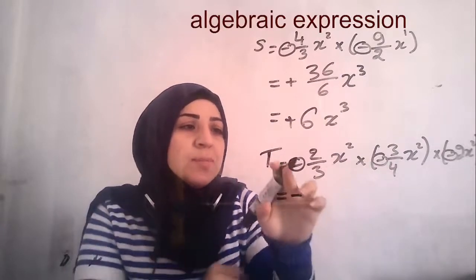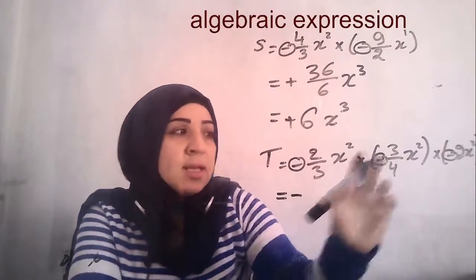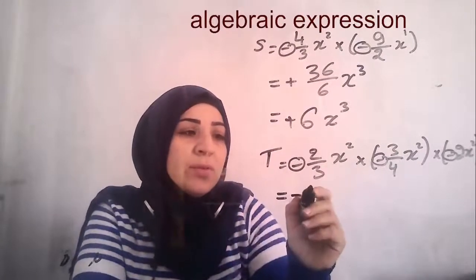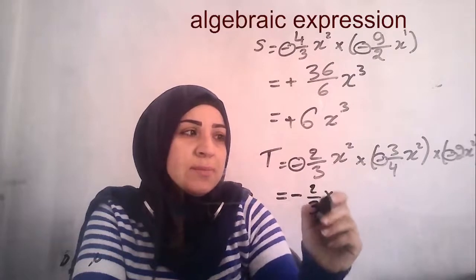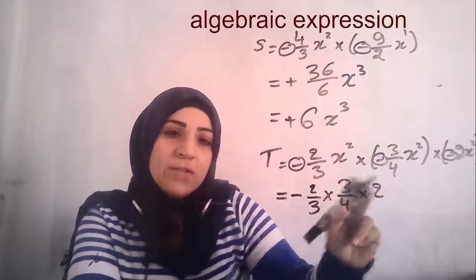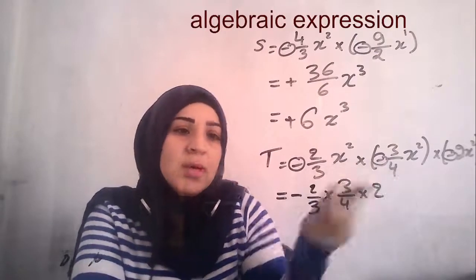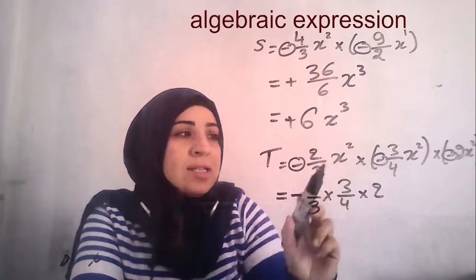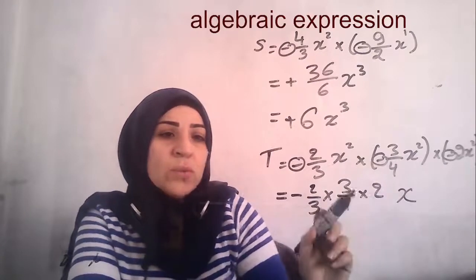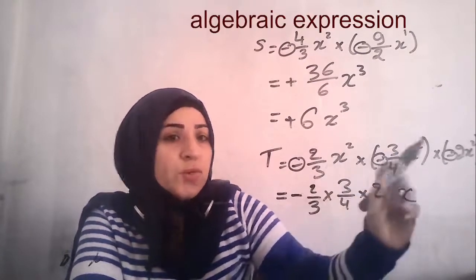In other words, minus times minus is a plus, plus times minus is minus. We multiply the coefficients by each other, and then we have to multiply the variables. x power 2 times x power 2 times x power 2, and when we add the exponents, 2 plus 2 is 4, plus 2 is 6.